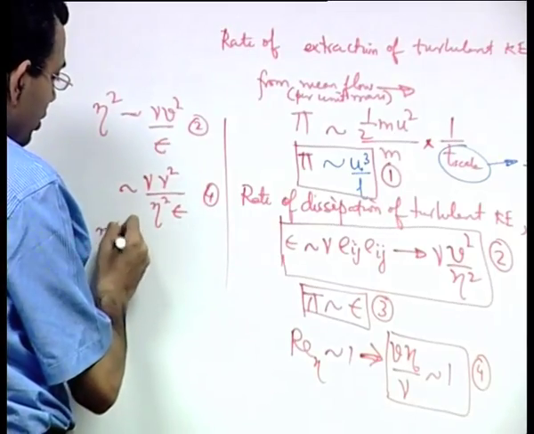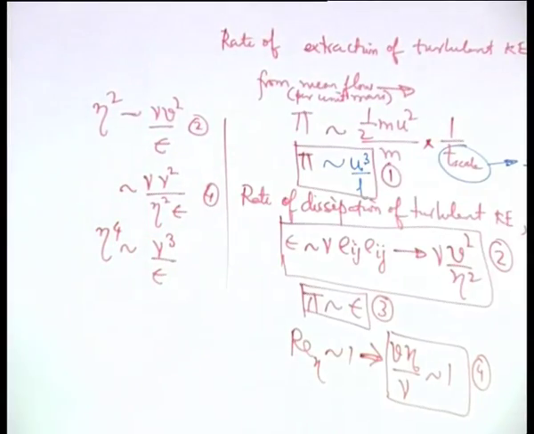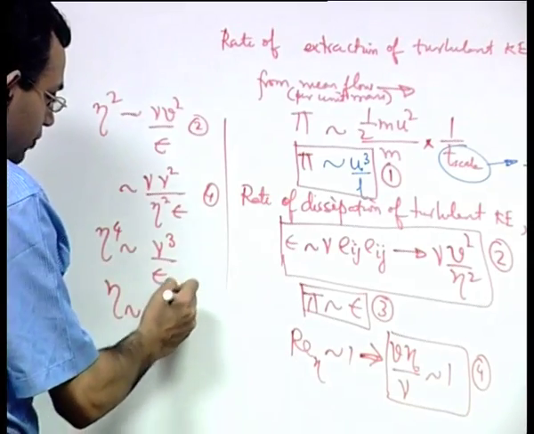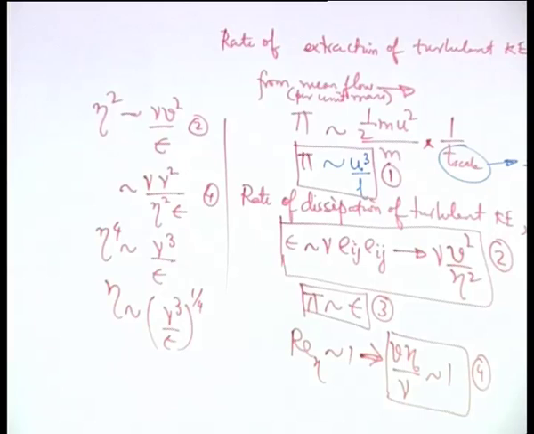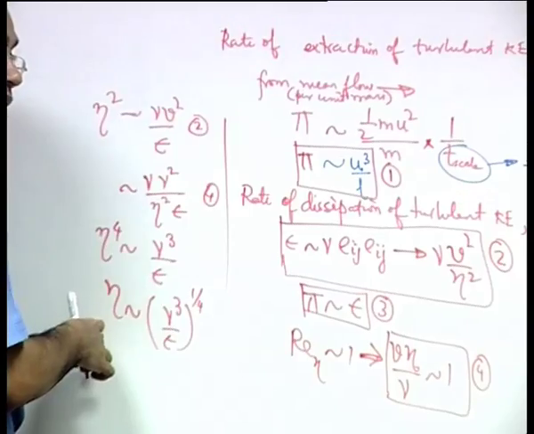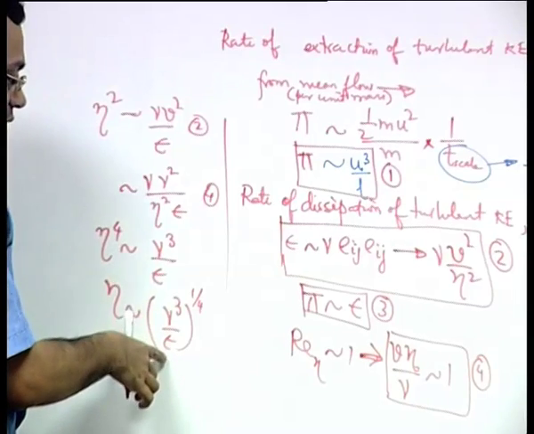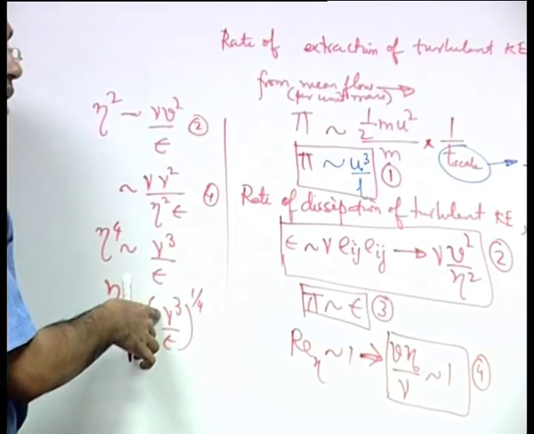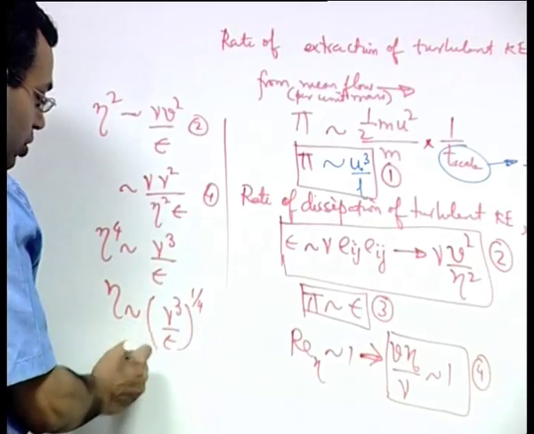So, eta 4 is of the order of nu cube by epsilon, and eta therefore is of the order of nu cube by epsilon to the power 1 by 4. See, the smallest eddy length scale does not depend directly on the features of the large eddies, but it depends on the rate of dissipation of the turbulent kinetic energy and the kinematic viscosity, and this length scale is known as Kolmogorov length scale.